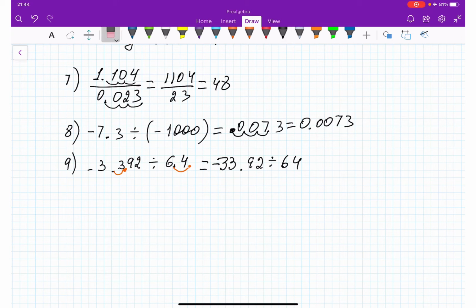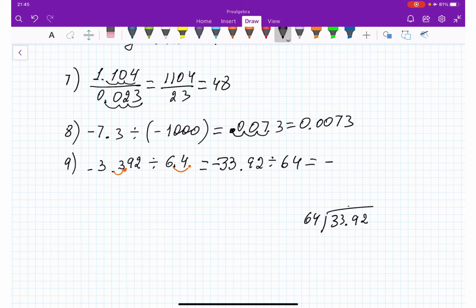Okay, let's divide now. So first of all, the answer is negative. And 33.92 dividing by 64. All right, let's see. 33 you can't divide by 64 because it's a smaller number, right? That means we are taking 9. 339.